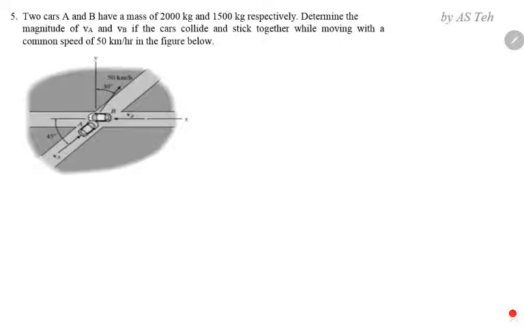Okay, so if I resolve the velocity for car 1, I will have V1 equals VA cos 45 degrees x plus VA sine 45 degrees y, which gives me VA square root 2 over 2 x plus VA square root 2 over 2 y.